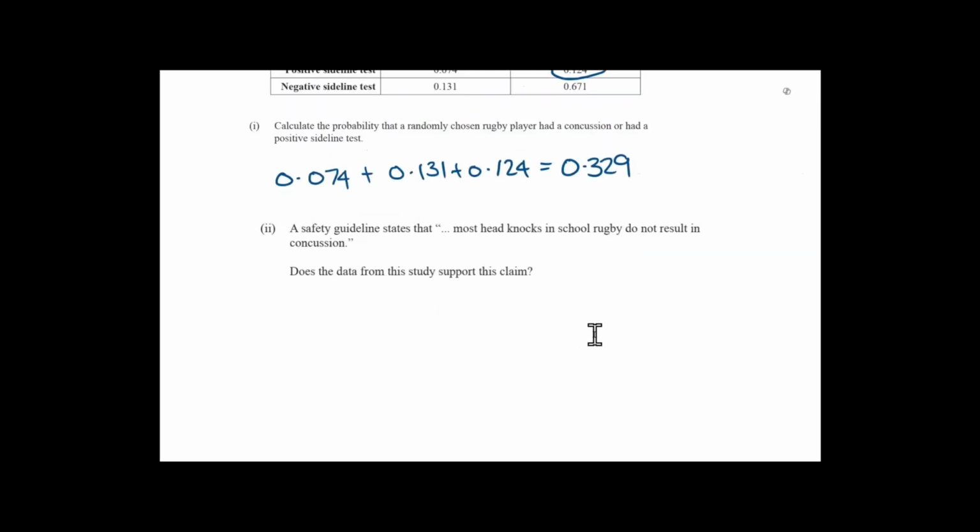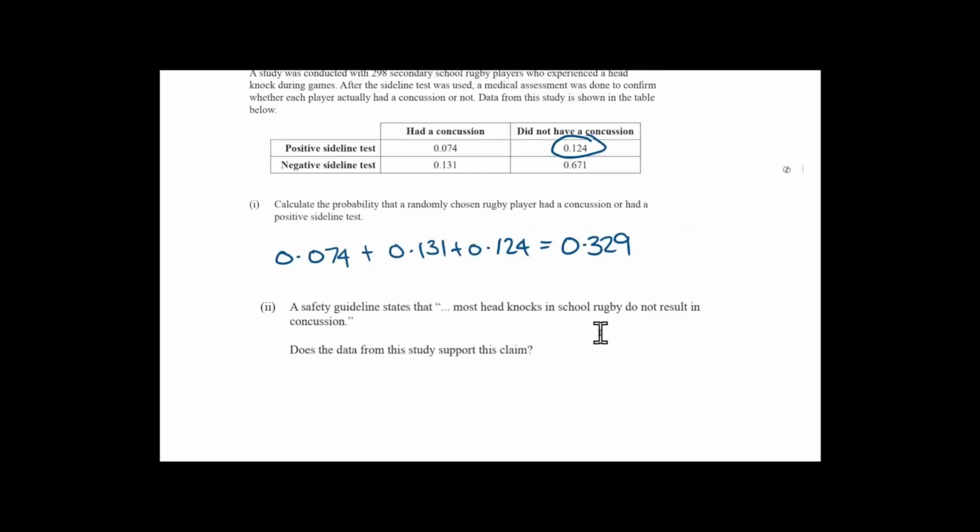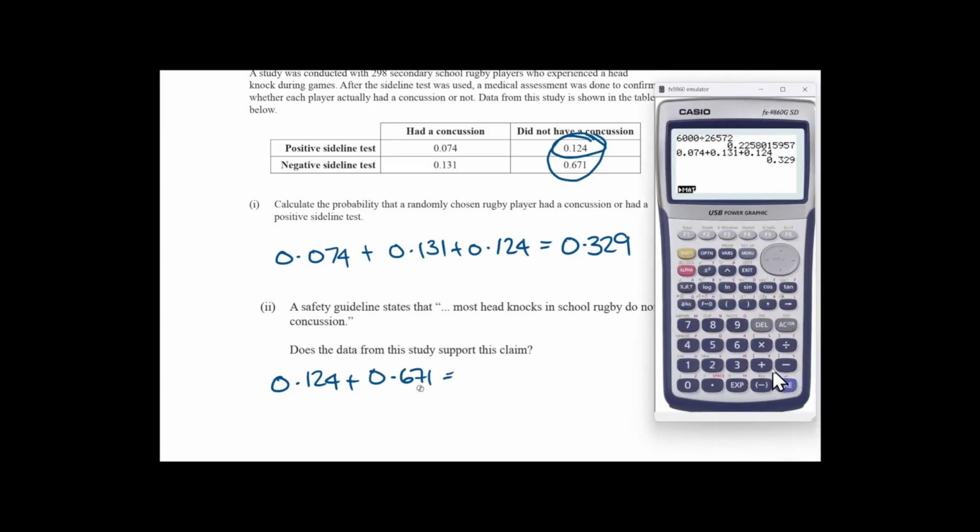Does the data support this claim? So we're just going to look at the data. So the proportion who did not have concussion is going to be those two combined. So 0.124 plus 0.671 is greater than 0.5. So most of the time they're not going to have concussion.